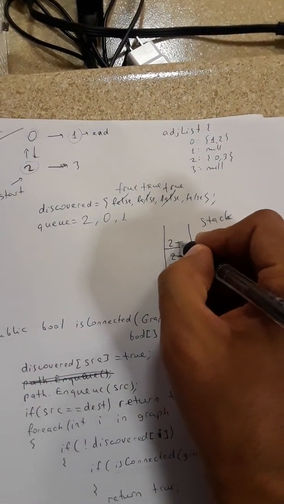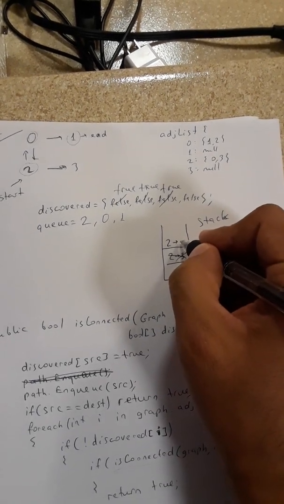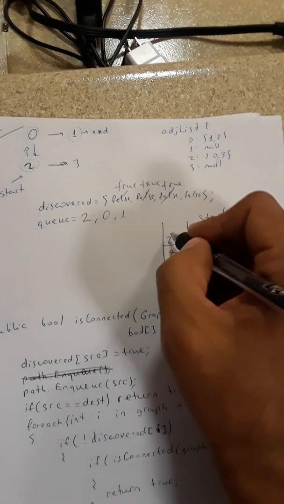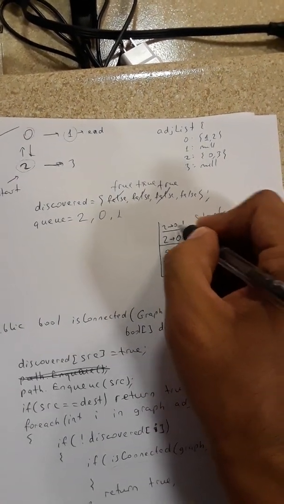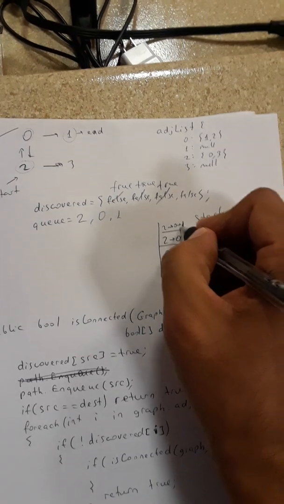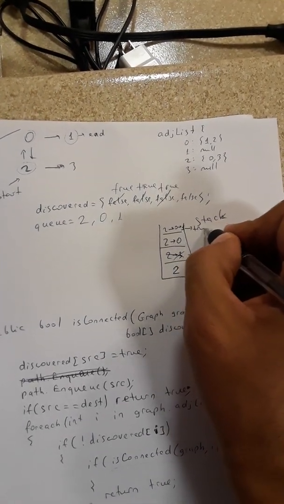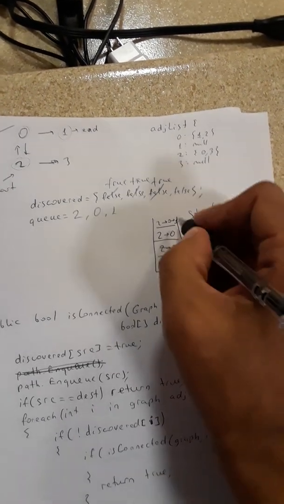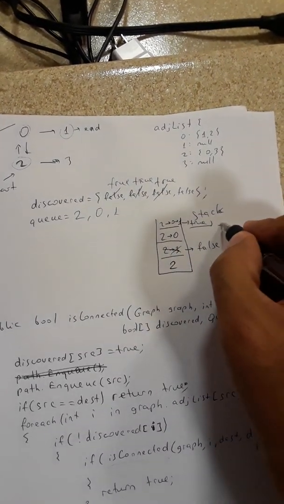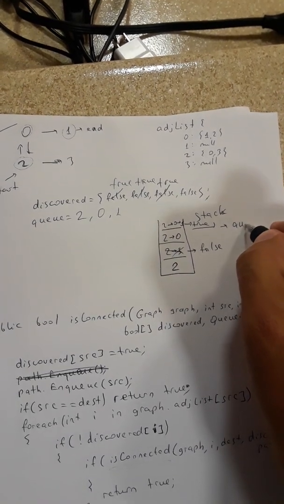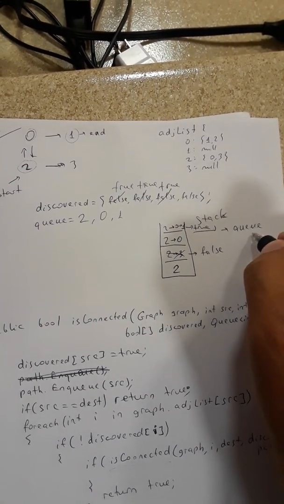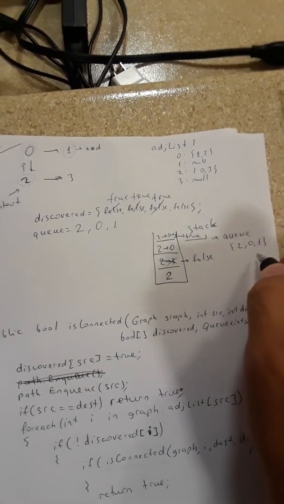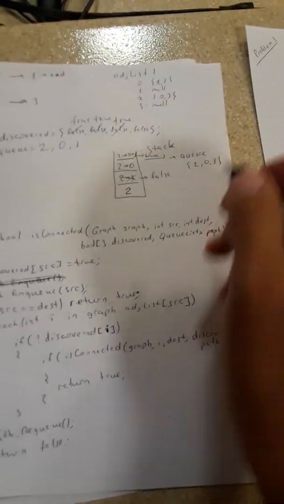From here we'll store 2 and 0, and then we will store 2, 0 and 1. At this point our method will return true, and we will have a filled queue with the elements 2, 0 and 1. We're going to print out these elements at the end.